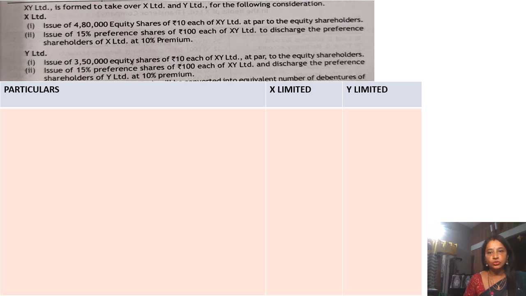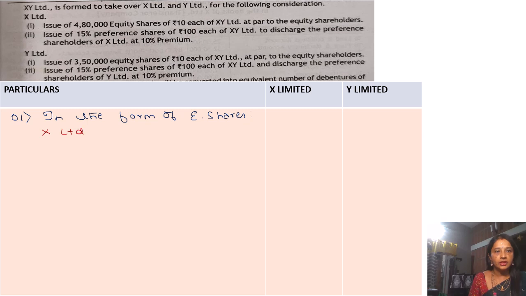So let us do the first form. The first form is in the form of equity shares. Now they have given how many equity shares for X Limited. The number of equity shares given is, in the first point, 4,80,000 equity shares of rupees 10 each.